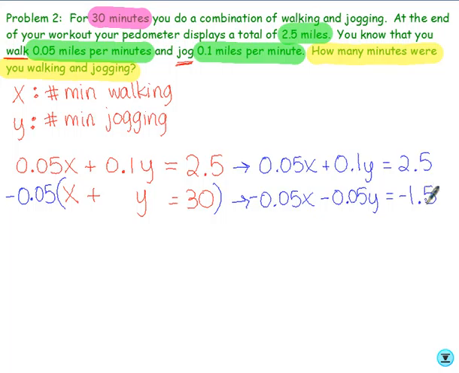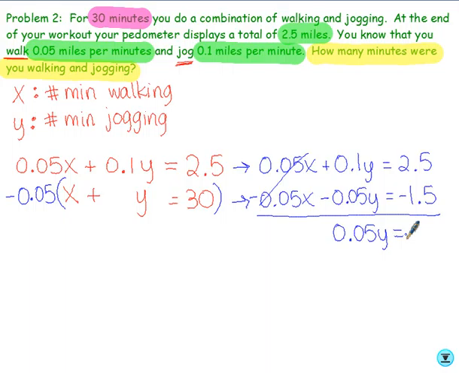Now that we have opposites here, we are ready to add. The opposites cancel. 0.1 minus 0.05 leaves us with positive 0.05y.